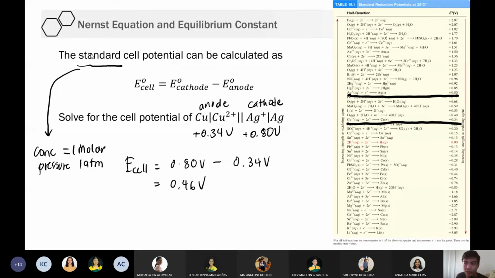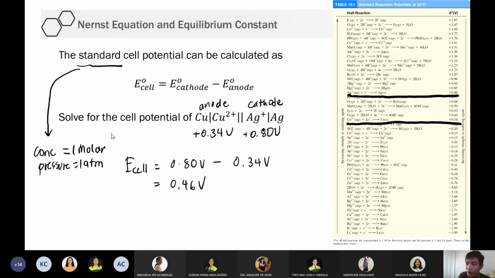So standard conditions are conditions wherein the concentration is 1 molar each and the pressure is 1 atm each for each chemical present. This is our assumption whenever it is standard. Otherwise, if it is not 1 molar and not 1 atm, we call that non-standard.